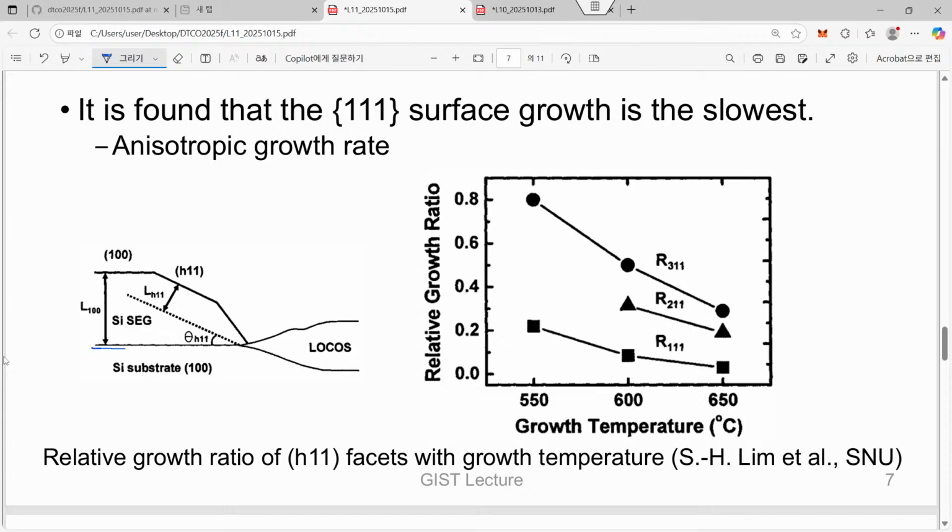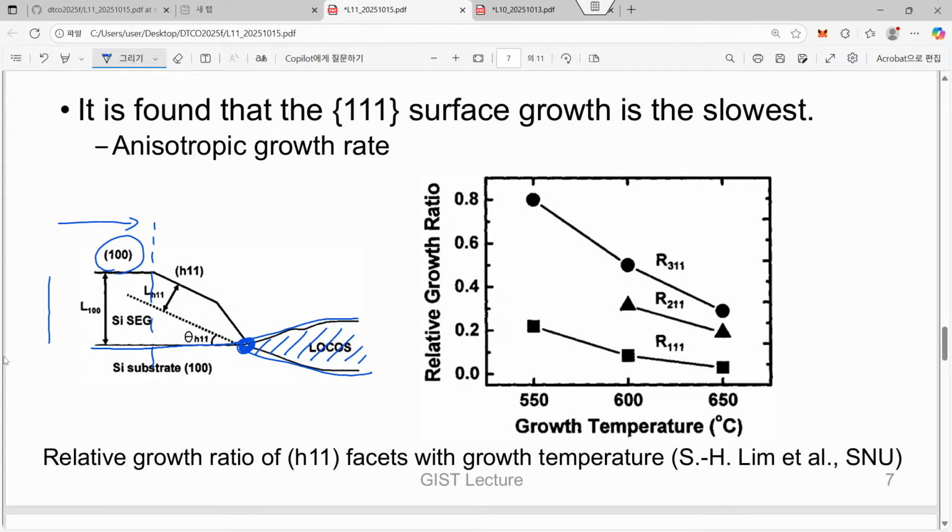Let me just draw. This blue line is corresponding to the initial stage before selective epi growth, and intentionally they introduce a certain point corresponding to silicon dioxide. So here the growth of our silicon is more or less limited, and instead in this bulk part we have a fully planar growth of our 100 surface.